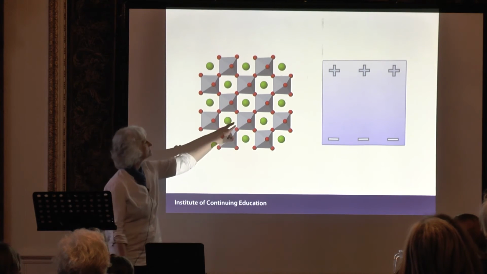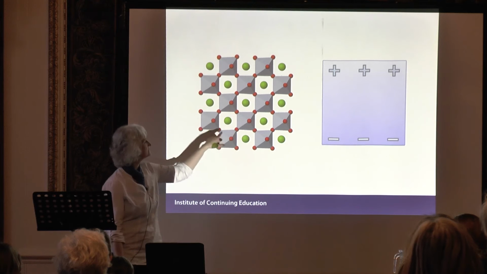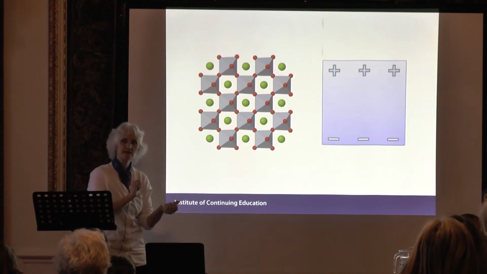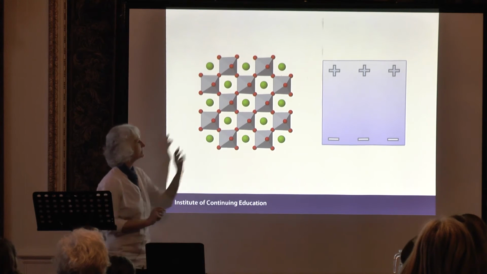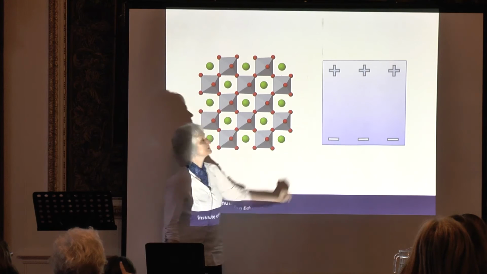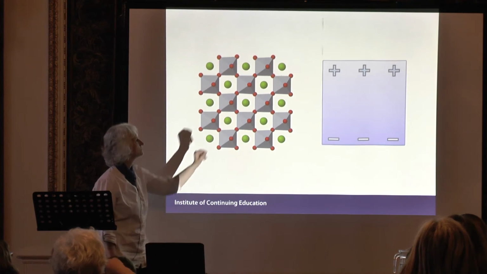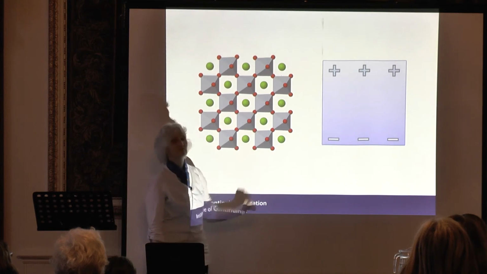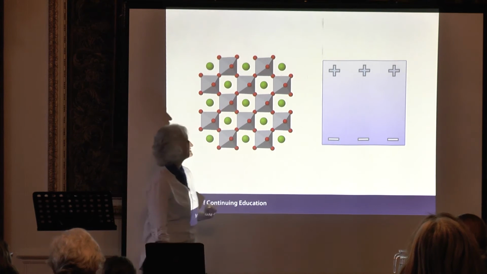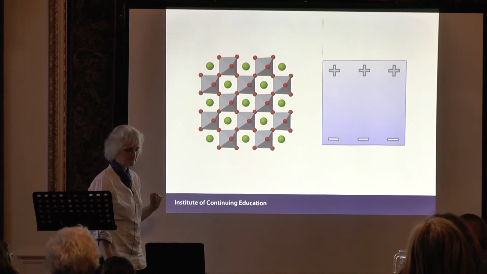And it's done that because all of the titaniums sitting in the middle of these octahedra are just slightly off-center. And that means that when we have a big macroscopic piece of this, something you could pick up, it has very slightly positive charge at one end, very slightly negative charge at the other end.